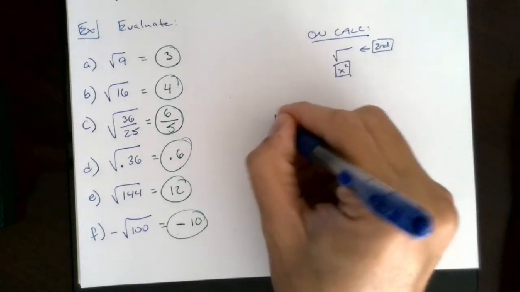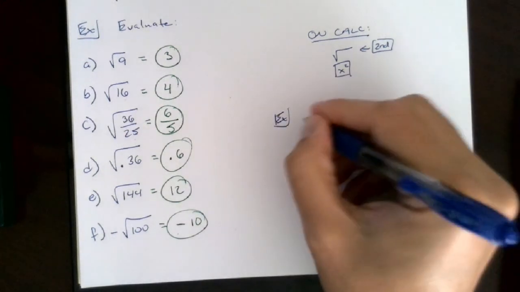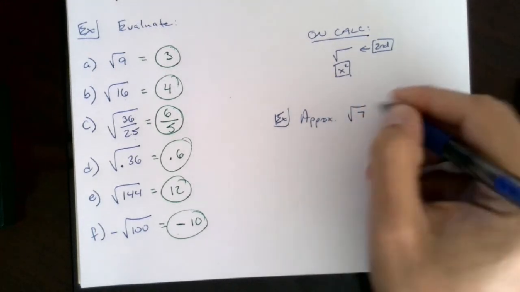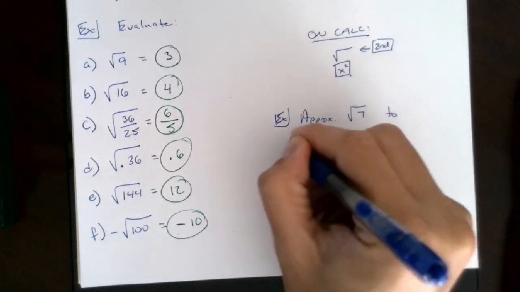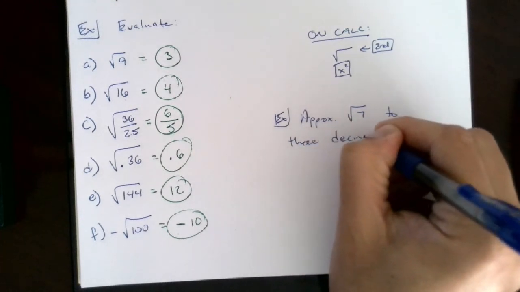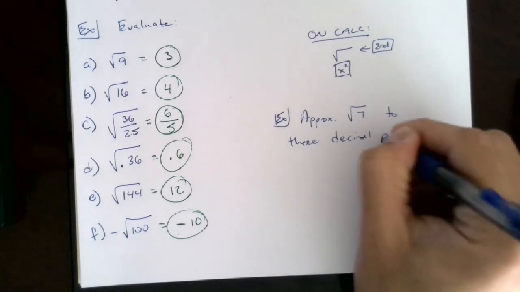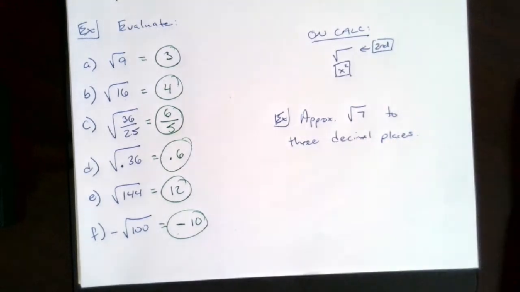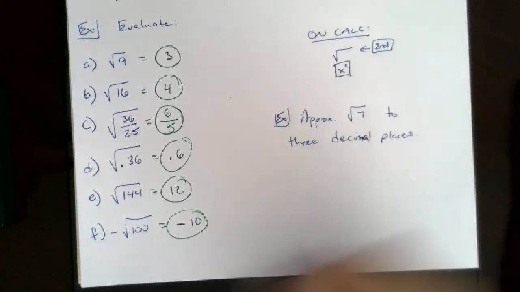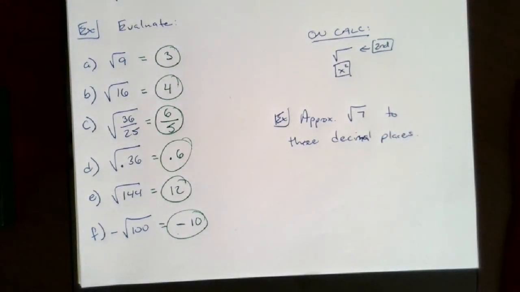If I said in this example to approximate the square root of 7 to 3 decimal places, the first thing you should think of is the square root of 7 is not a perfect square. And you should know that basically because you don't know of a whole number value times itself that'll give you 7. Now, you could kind of approximate where it should fall.